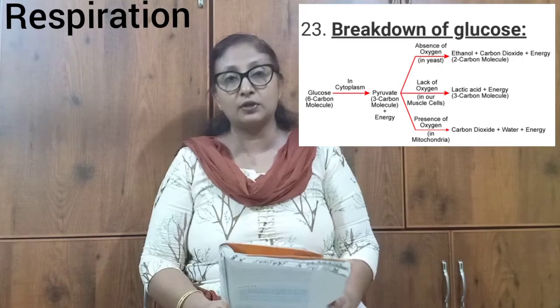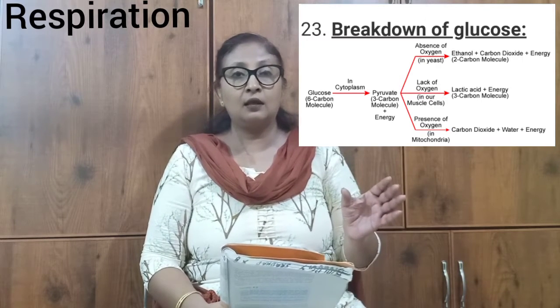Oxygen also is brought in there through blood. This oxygen acts upon the food and energy is released. So, now let us see the various pathways that are followed in the breakdown of glucose.